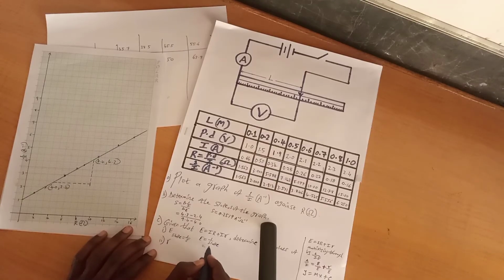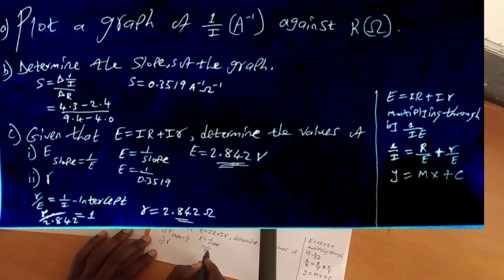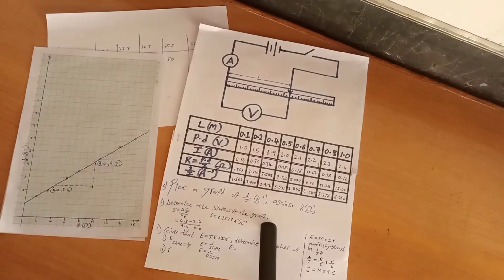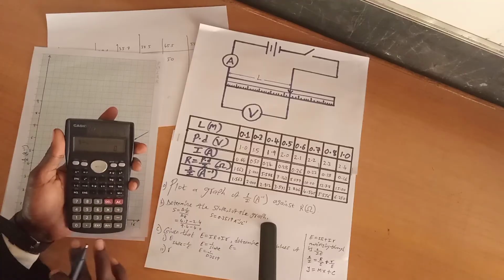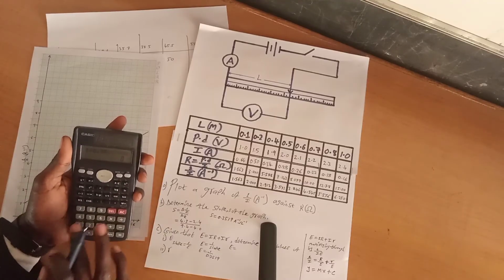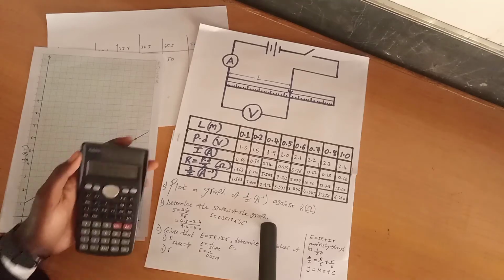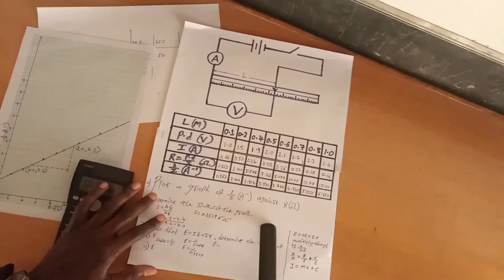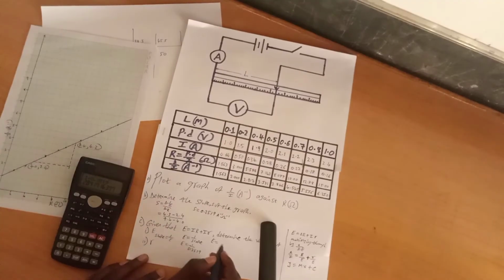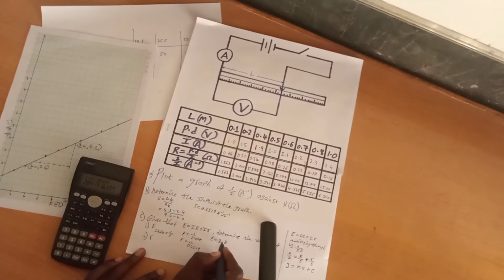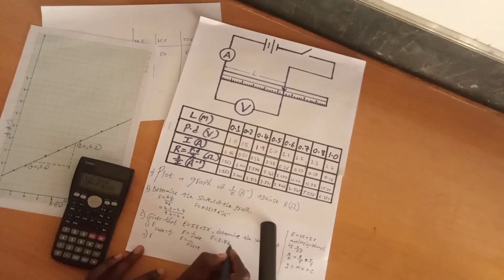That is 1 divided by 0.3519, which gives 2.842.